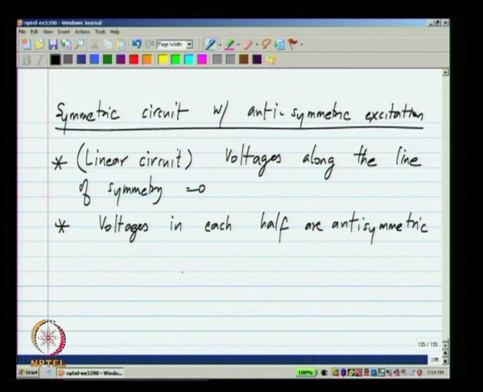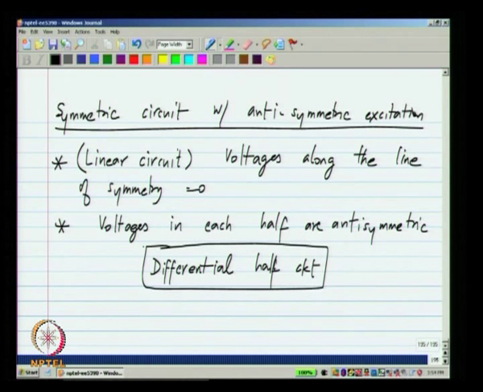This gives you the differential half circuit. So, you analyze only half the circuit by tying all the voltages along the line of symmetry to 0. Very useful technique when you have fully symmetrical circuits. We will continue from this in the next lecture.